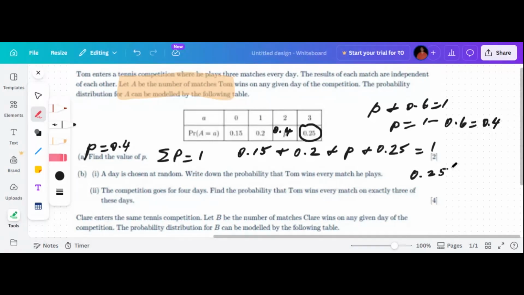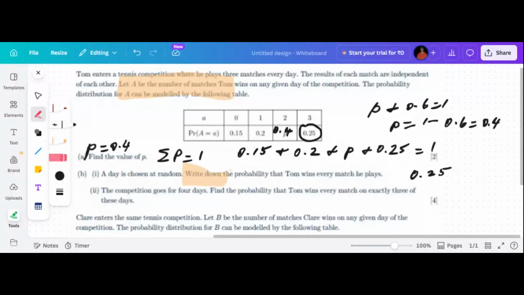0.25. Now, there is a hint here. The command term used is write down. Write down is an IBDP command term. It means you only have to write the answer. There is no need to show any working, any calculation.